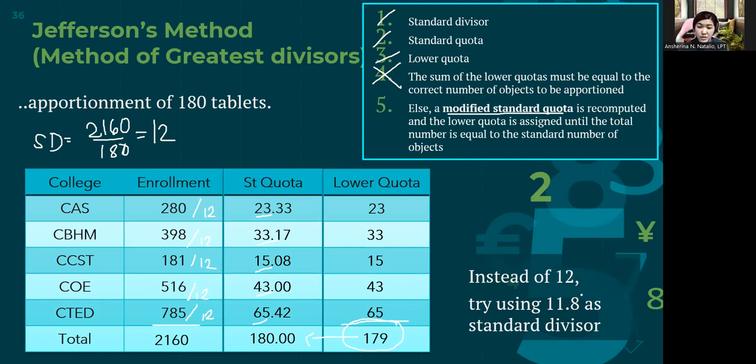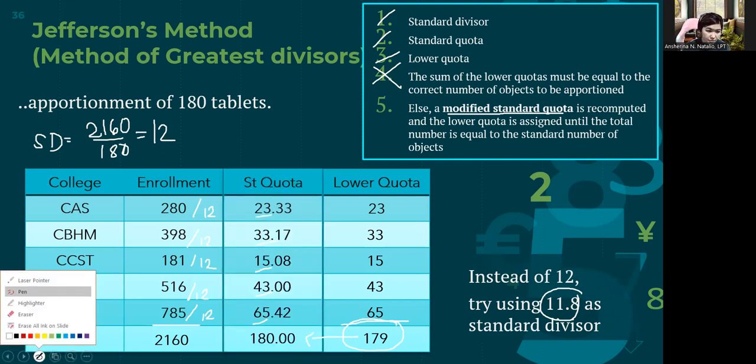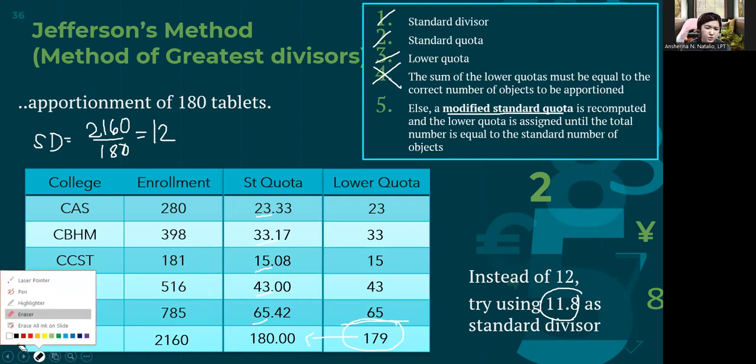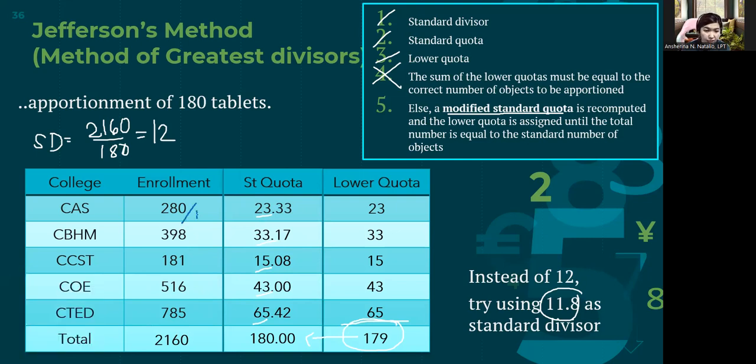So, imbis na 12 ang gamitin natin, let's use 11.8. Okay, so ulit. Let me erase this one. Ayan. So, ang gawin natin, let us divide this by 11.8 instead of 12.